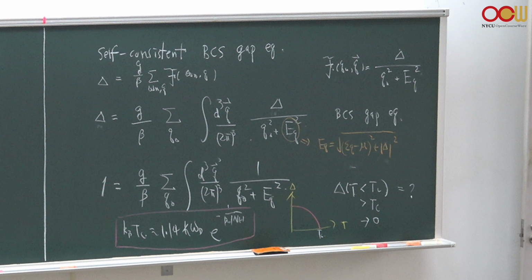This is standard, but later you will find out that the Green's functions in the BCS state that we just obtained are really useful, because you can imagine that you would like to calculate the transport of supercurrent and the magnetic susceptibility and so on, and this is the only way.